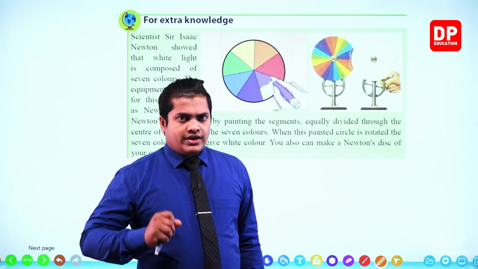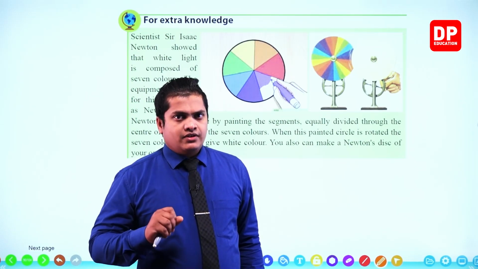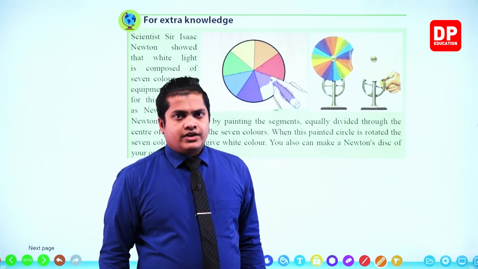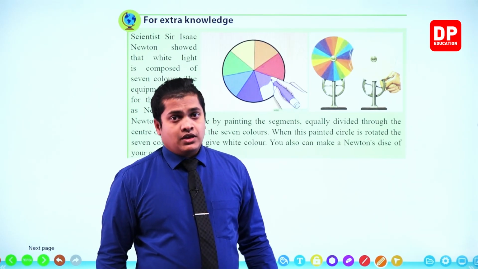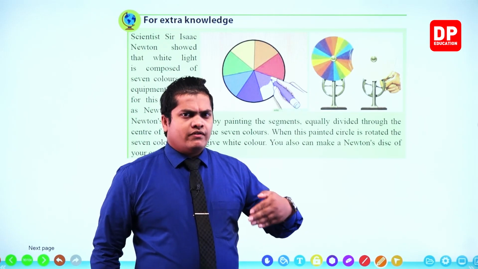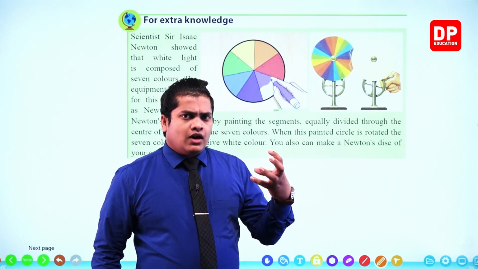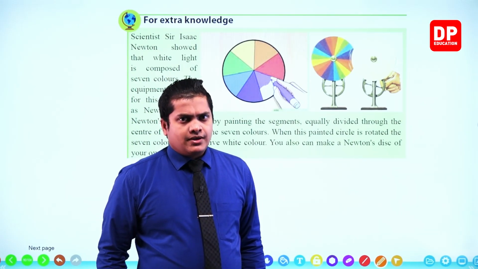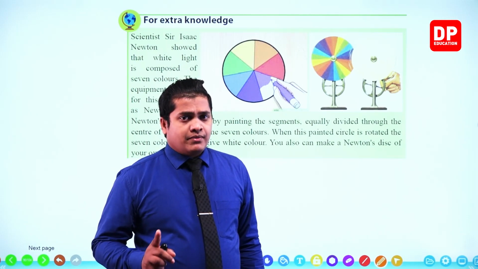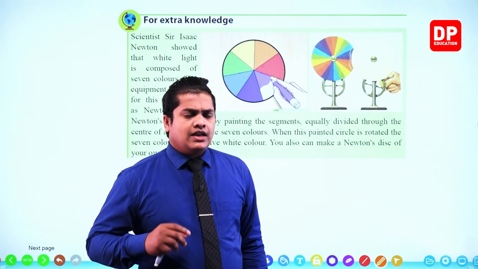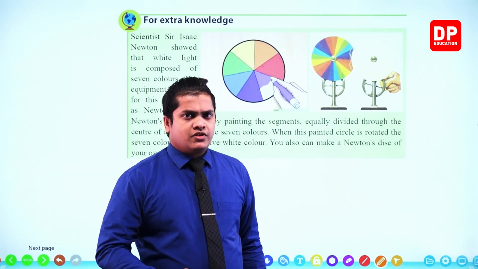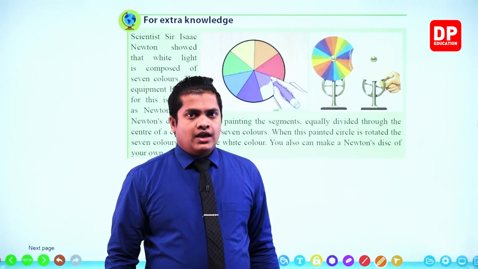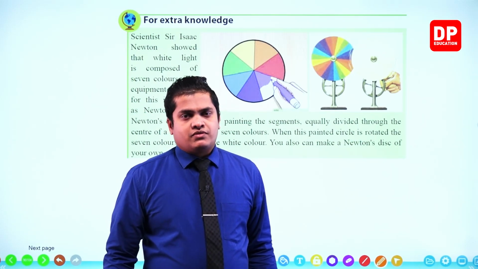I'm going to rotate my Newton disc at a certain speed and observe whether you can get the white color or not. Actually, we won't be able to observe 100% white color, but when I rotate this up to a certain level, a white surface can be seen very clearly. So let's head on to the laboratory and see whether we can get the same observation as Newton.